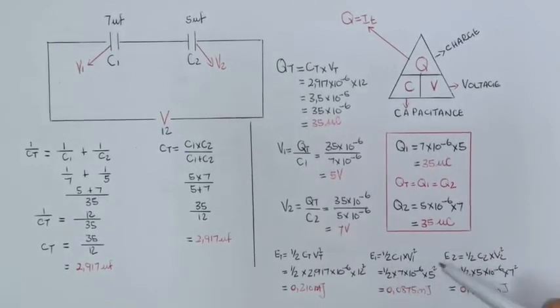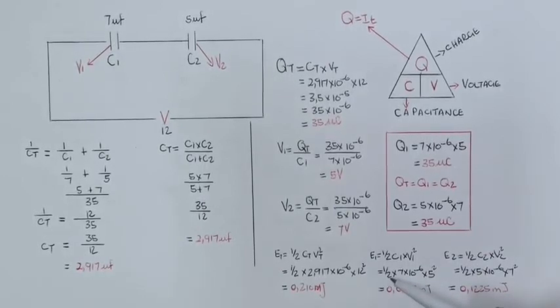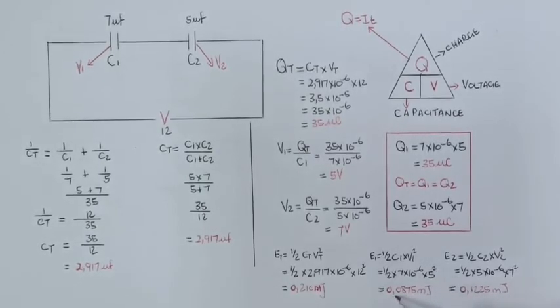The next ones, I'm calculating the energy in the specific capacitor. What is the energy in capacitor C1 and capacitor C2? For C1, it's half times my capacitance times my voltage squared, and that's going to give me 0.0875 millijoules.